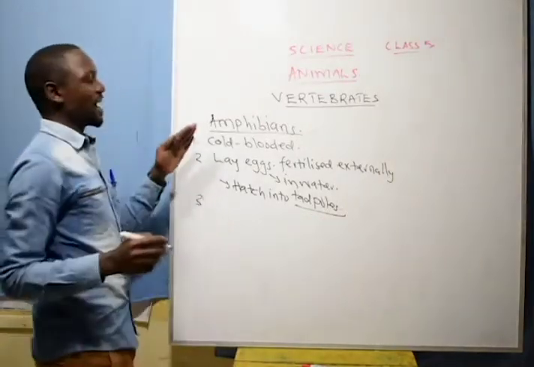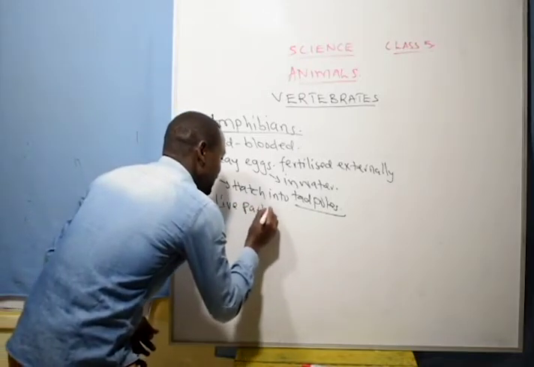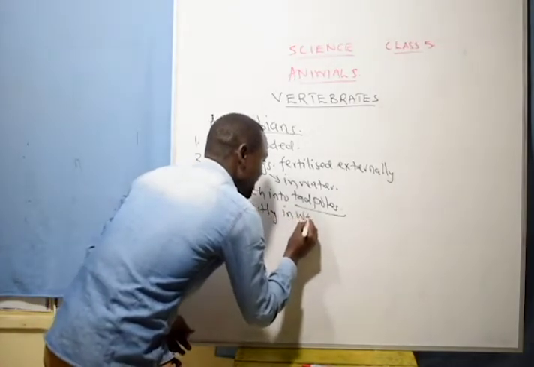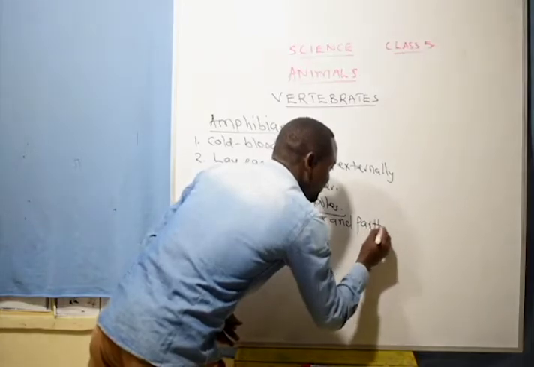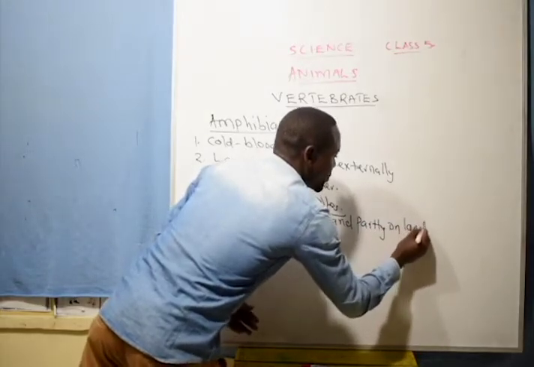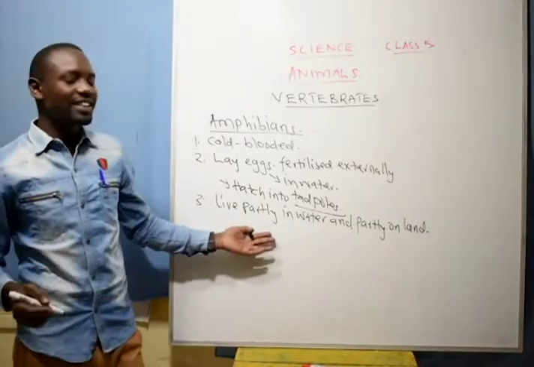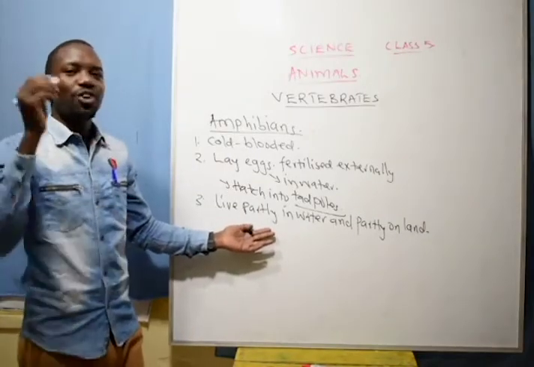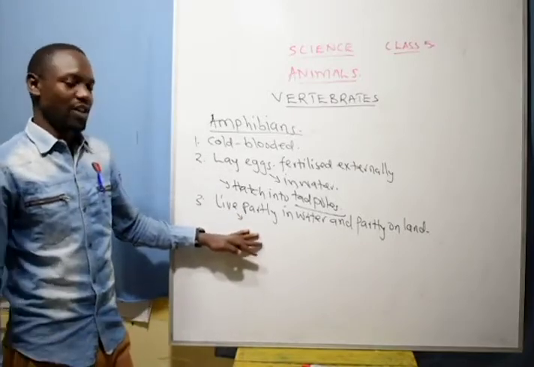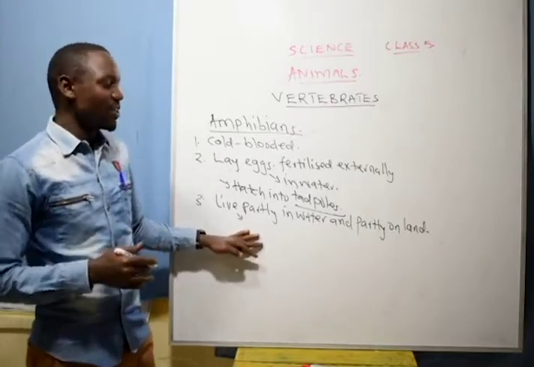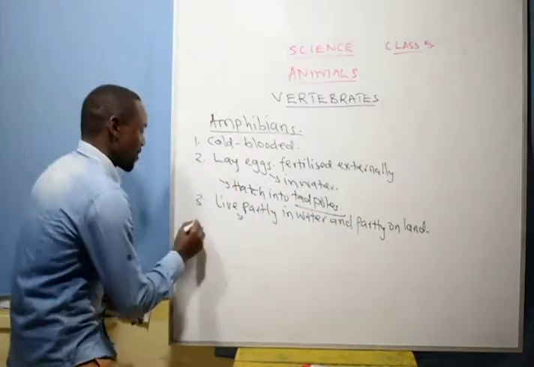Another thing about amphibians is that they live partly in water and partly on land. Why do they live partly in water? All tadpoles, all the young ones, live in water. But when they grow old, the adults will live on land.